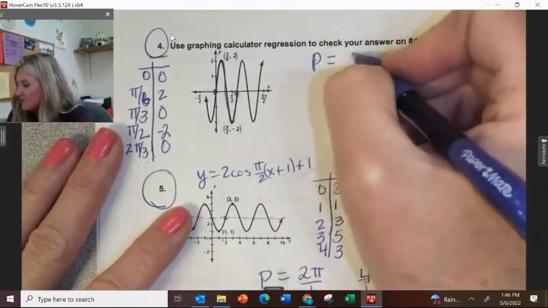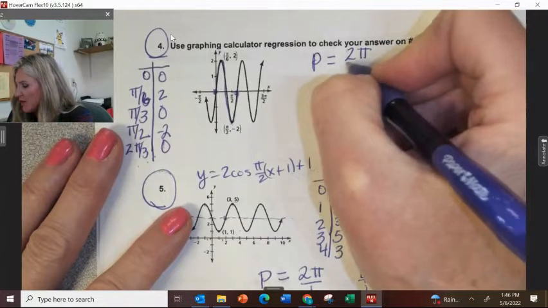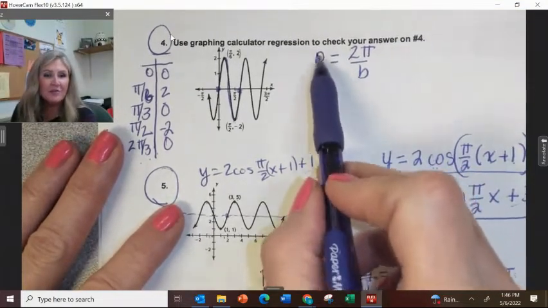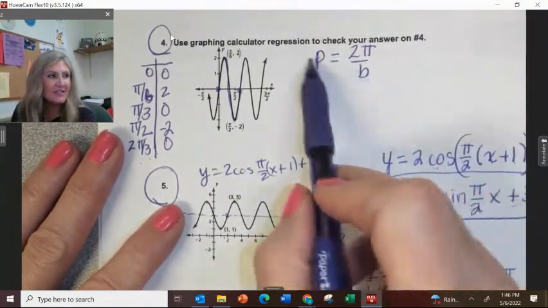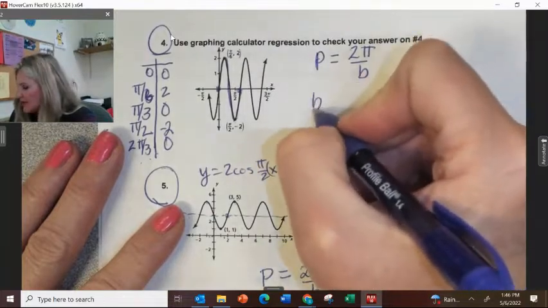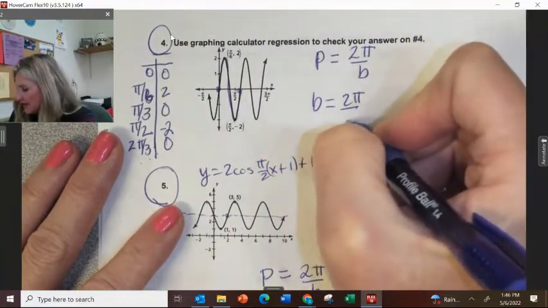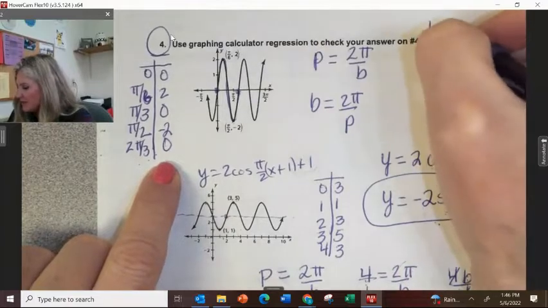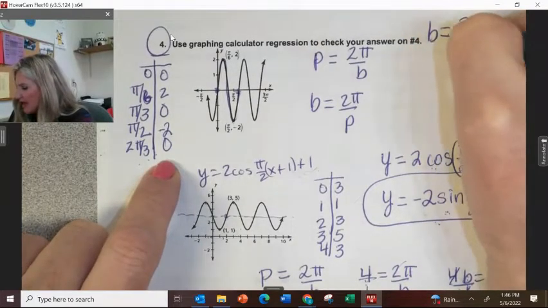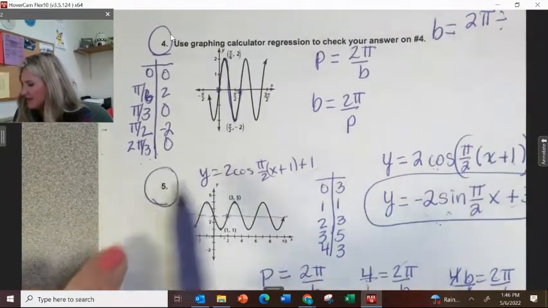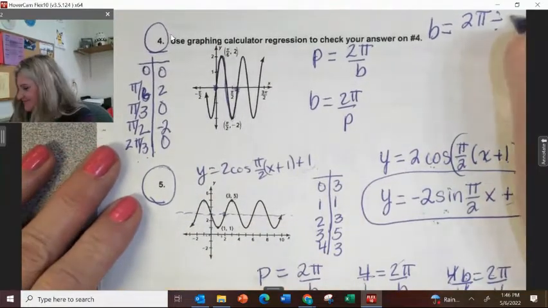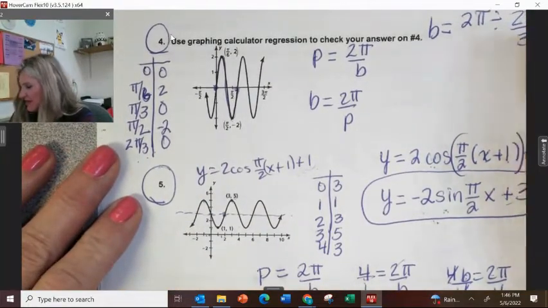Okay, so the period is always going to be 2 pi over b. Guys, since we're finding the b value, though, do you remember how we're allowed to switch these? So let's use b equals 2 pi over p now. So to find my b value, I'm going to have to do 2 pi divided by, what's this period one more time? 2 pi over 3.